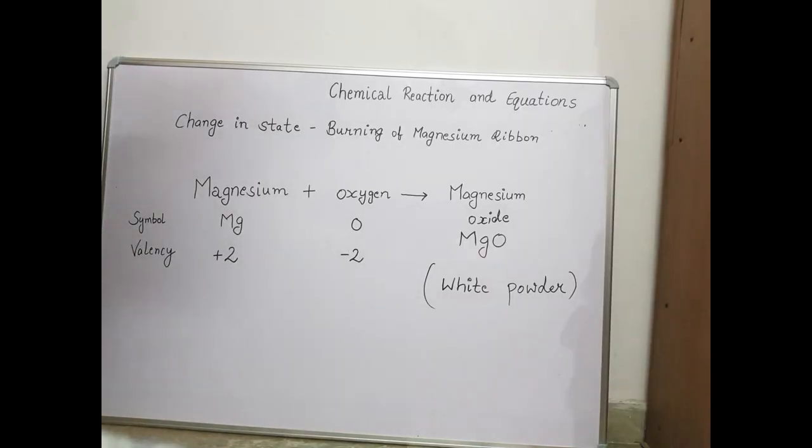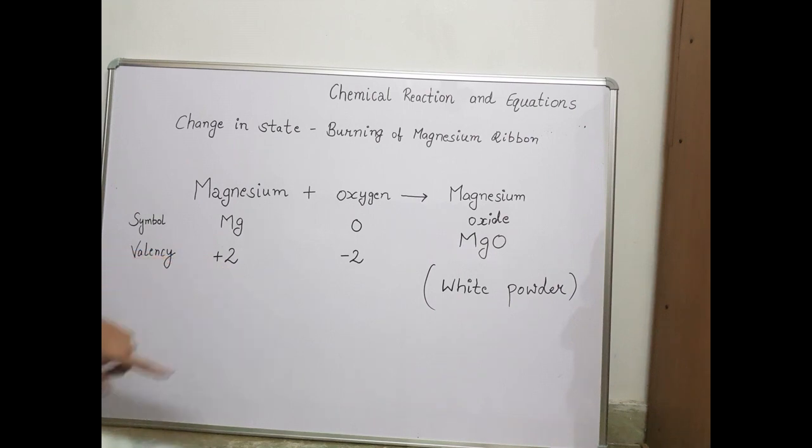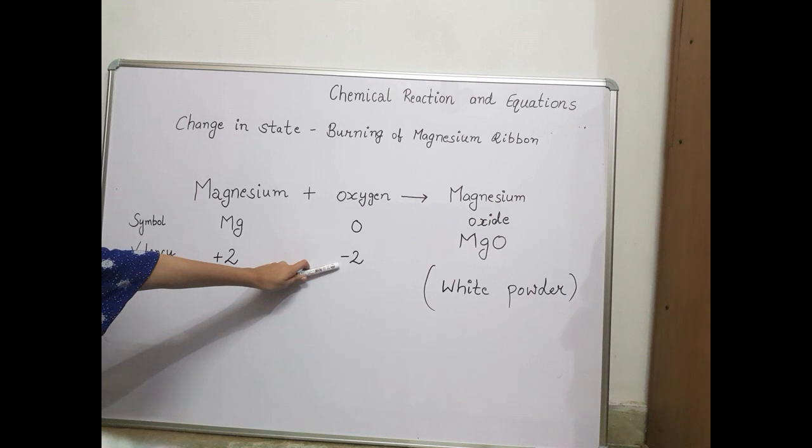After rubbing the magnesium ribbon with the help of sandpaper, pure magnesium is left. The magnesium has a symbol Mg and its valency is +2. When it is burned in presence of air, it reacts with oxygen. The symbol for oxygen is O and its valency is -2.